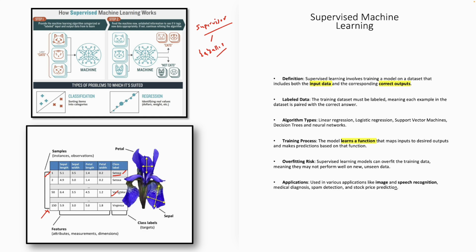So what are the applications? Now you might say it can be used in various applications like image recognition, right? We did the example of a cat and a dog. If I'm giving a lot of images, the computer is able to identify which is a cat and which is a dog. And the same way, speech recognition. A lot of banks are using speech recognition software these days.